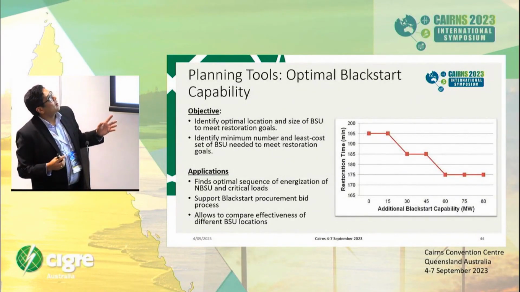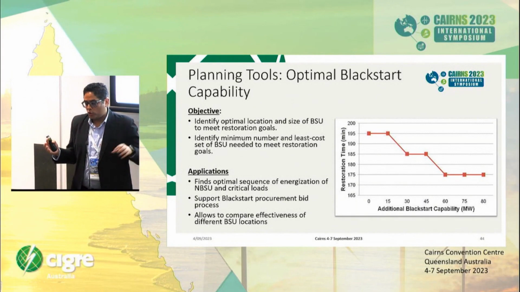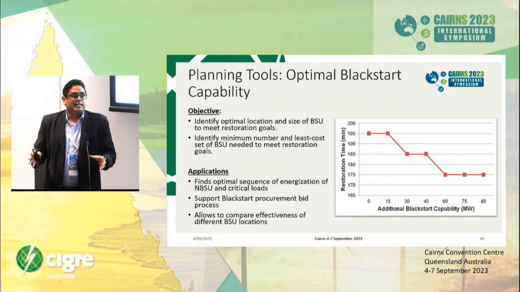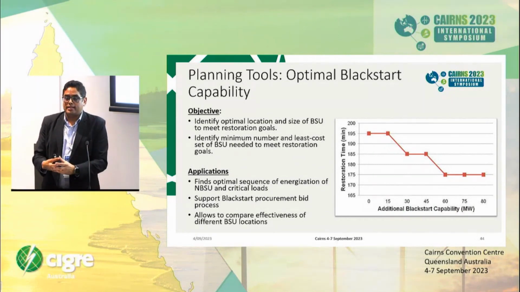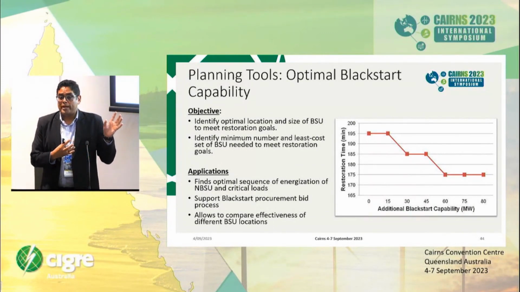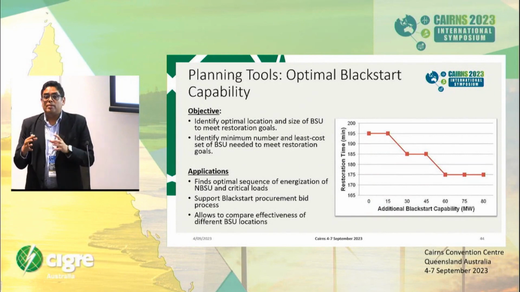The next ones are from EPRI. During early stages, the main goal is to reestablish your transmission and generation skeleton, and these are the principles on which these two tools were based. The first tool is optimal black start capability.